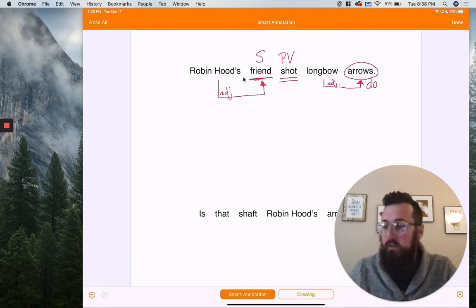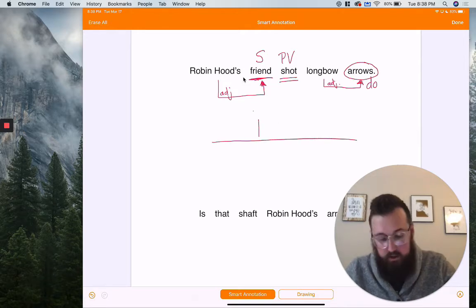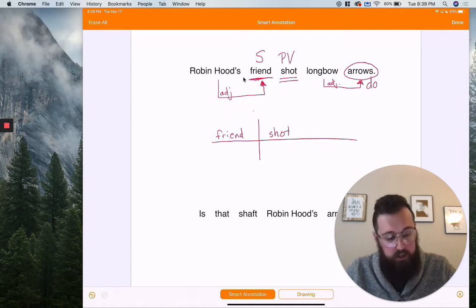Now, for diagramming this sentence, I figure out my base. My subject is friend. The friend shot. And because I have a direct object, I'm going to have a line up and down. Arrows.